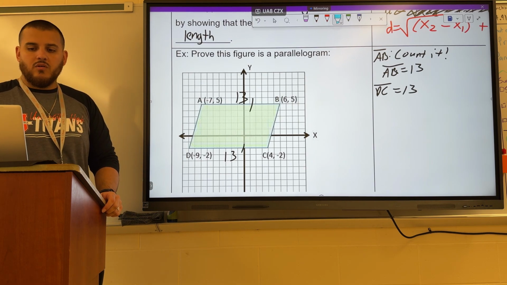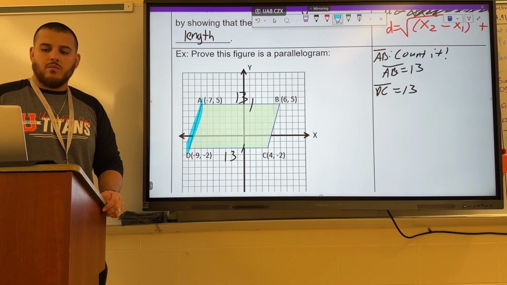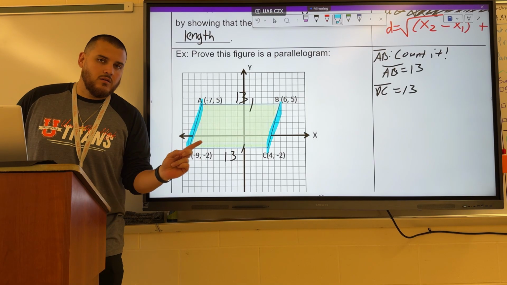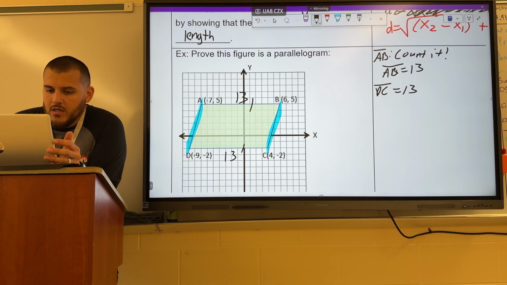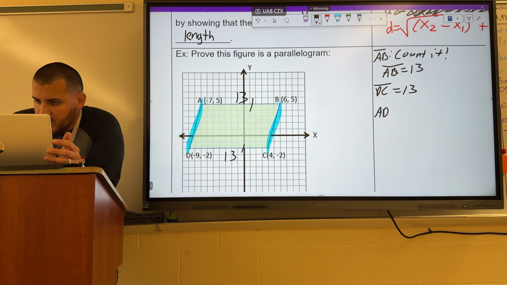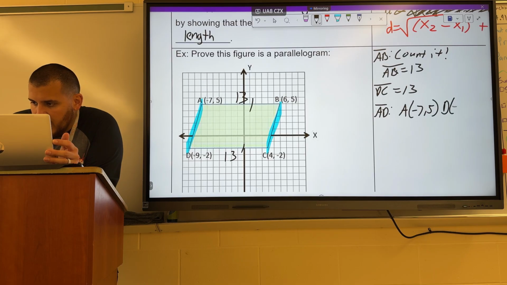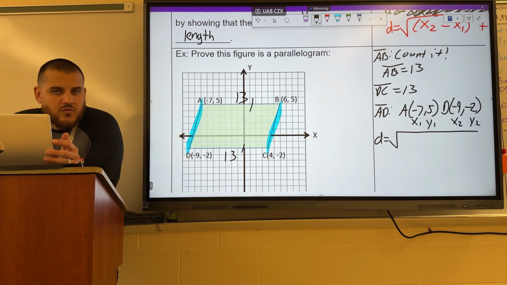I know those opposite sides are congruent, both 13 units long. I now have to prove that AD is congruent to BC. Those are diagonal, therefore we have to use the distance formula to figure out how long those sides are. I'm going to start with side AD. So point A is located at -7, +5. Point D is located at -9, -2. Again, I write those out so that I can label them, x1, y1, x2, y2, and then I can carefully plug those into the formula needed, which is the distance formula in this case.